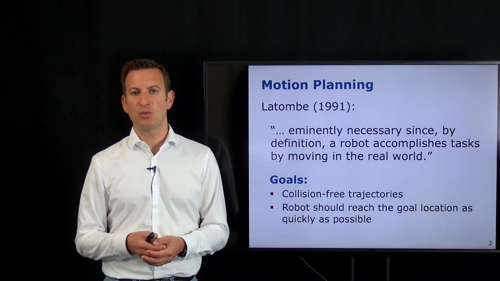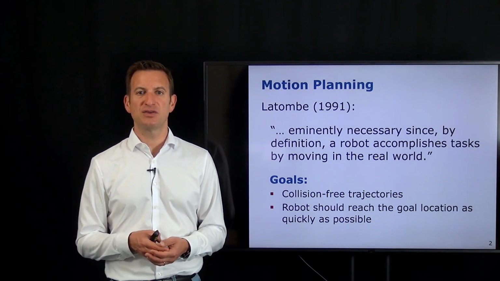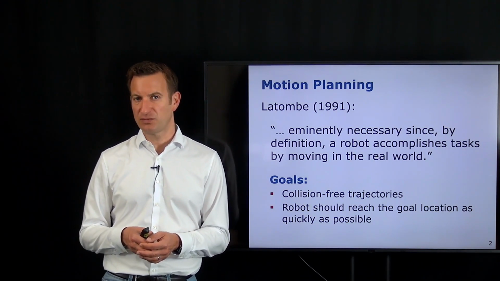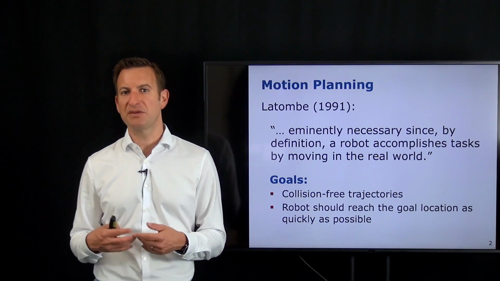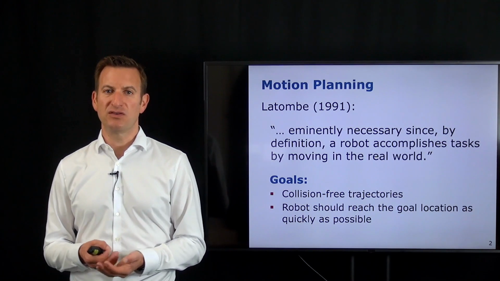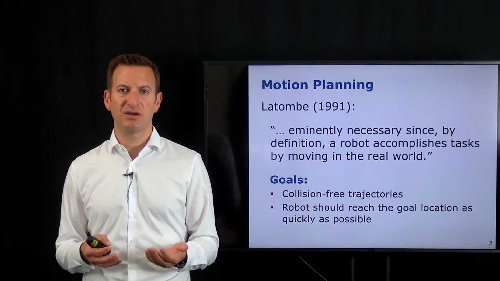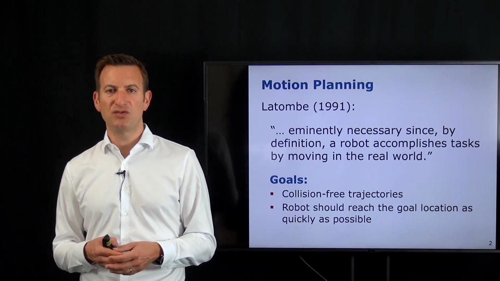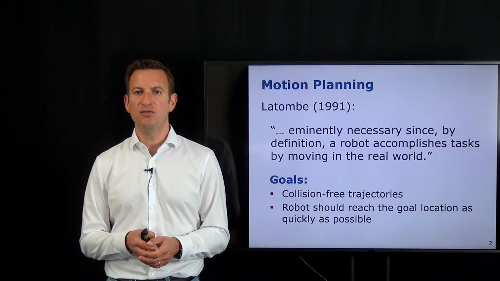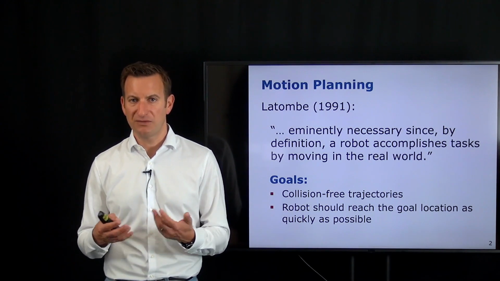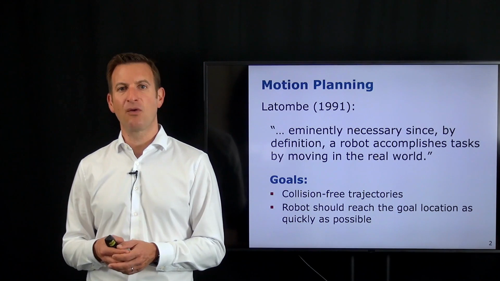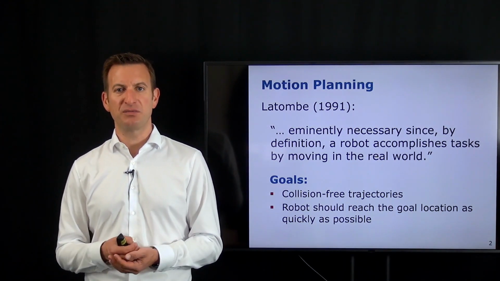And the second thing we want to achieve, besides having collision-free trajectories, is that we typically want to reach the target location as fast as possible. So we want to minimize the time that it takes the system to reach the target location. Again, there may be reasons to deviate from this approach by saying we want to optimize something else, like as smooth as possible movement, or, if you have a vehicle that has passengers on board, as comfortable as possible for our passengers under the constraint of being collision-free.